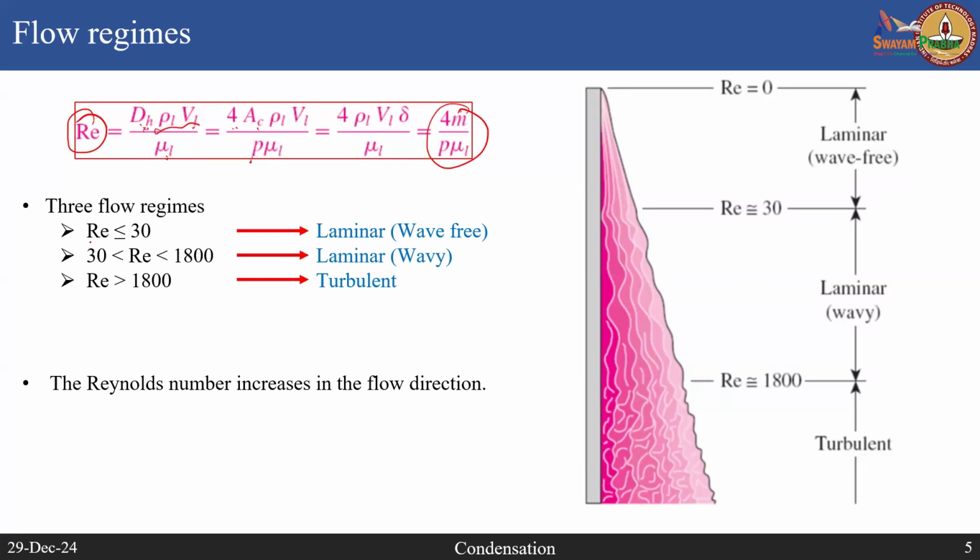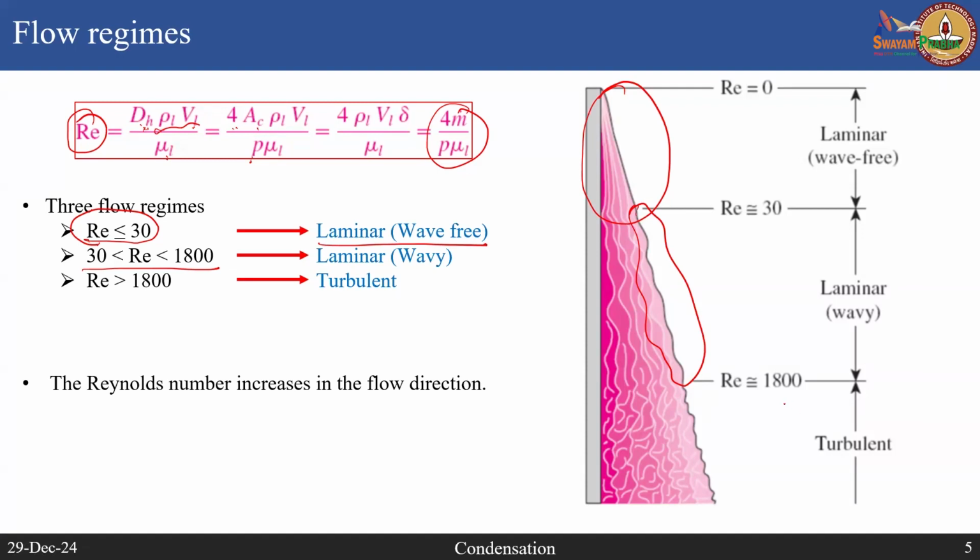For example, if you have Reynolds number less than 30, this is called laminar wave free condensation. So, this looks like your classical film condensation for which Nusselt developed this film condensation theory. But if you increase the Reynolds number after 30 up to about 1800, you find small wavy patterns which are established because of some instabilities, and this becomes a wavy but still laminar regime.